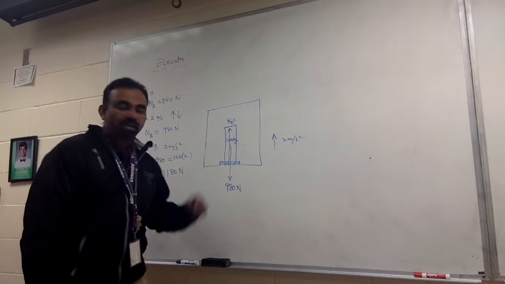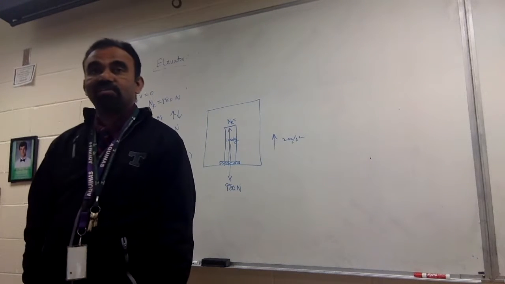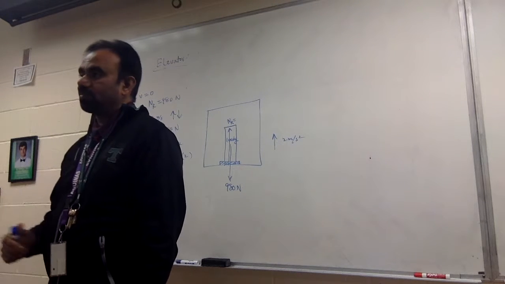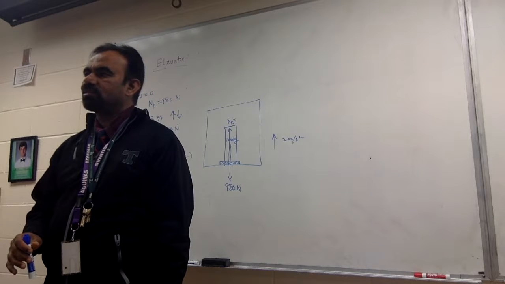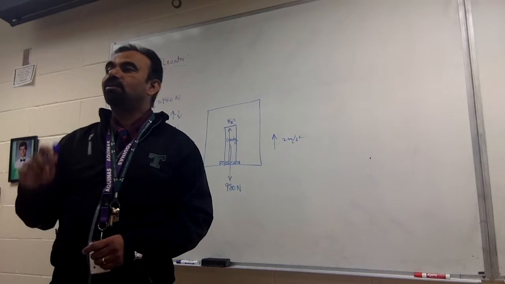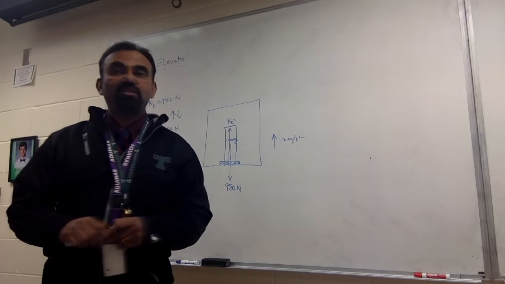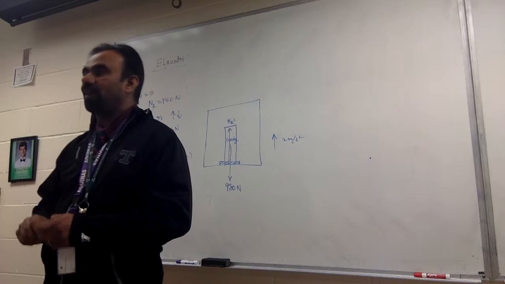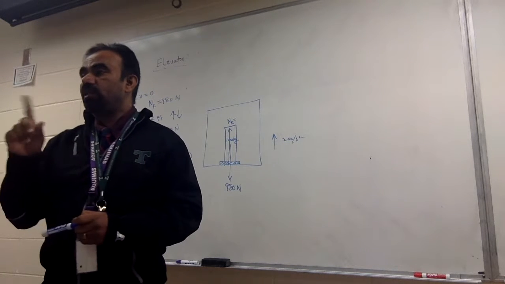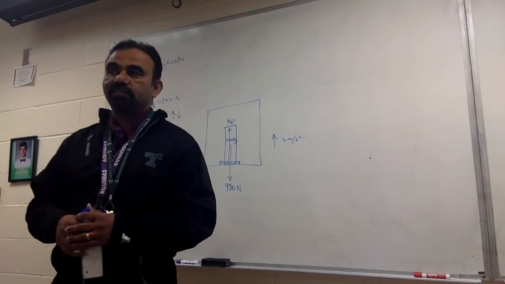So you stand on the scale, the elevator is accelerating upward, and you look down, the scale will read more. What does the scale measure? Normal reaction. The scale only measures the normal reaction. A scale never measures your weight.